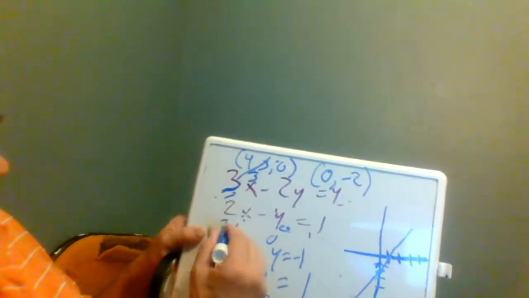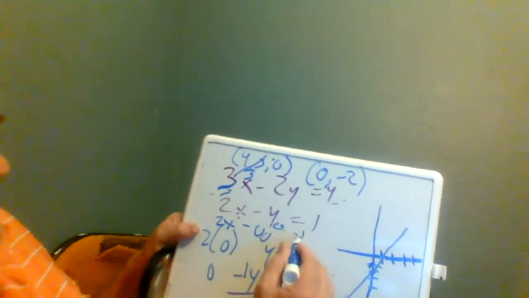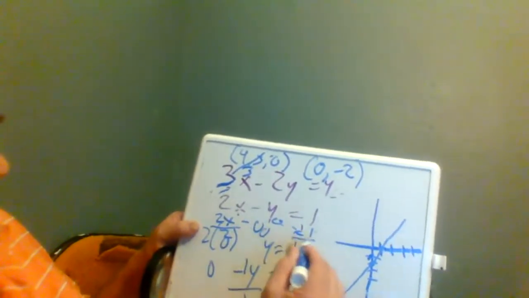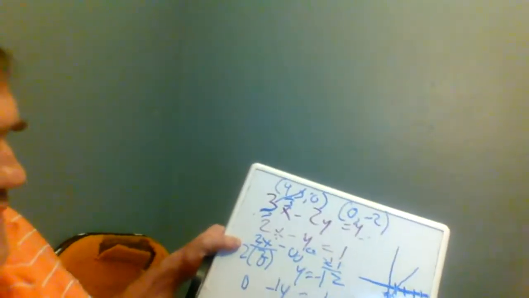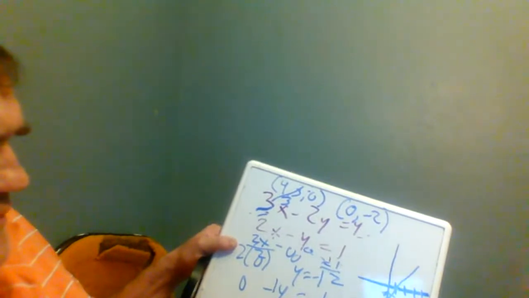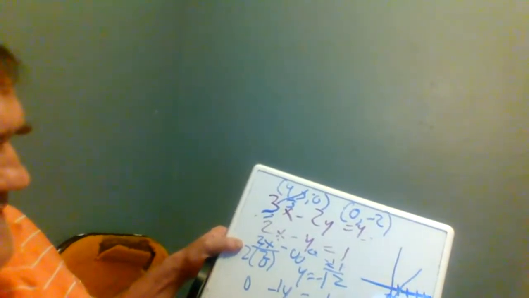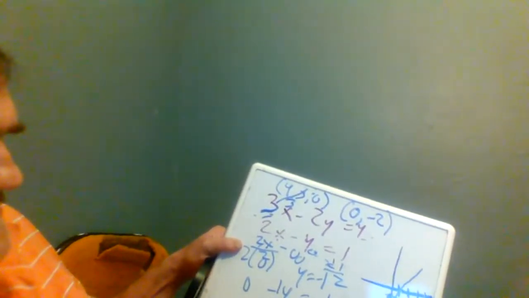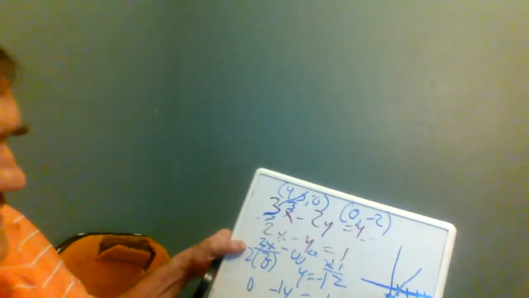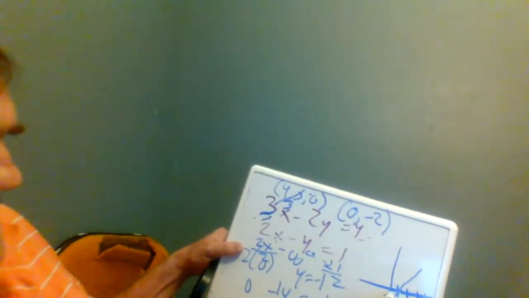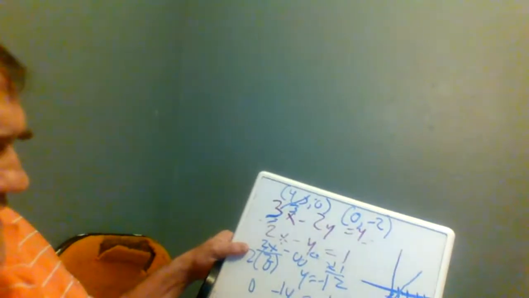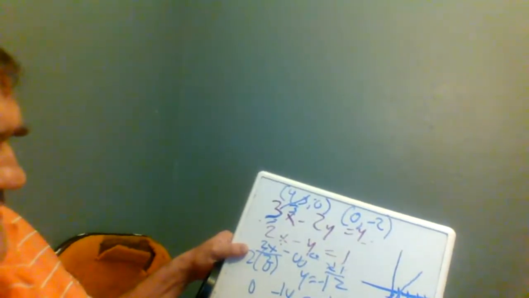It's going to be 2x minus 0 equals 1, which means divided by 2, x will equal 1 half. So 1 half and 0 is the other coordinate.